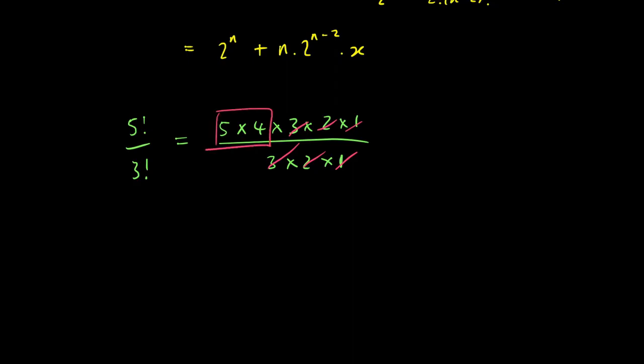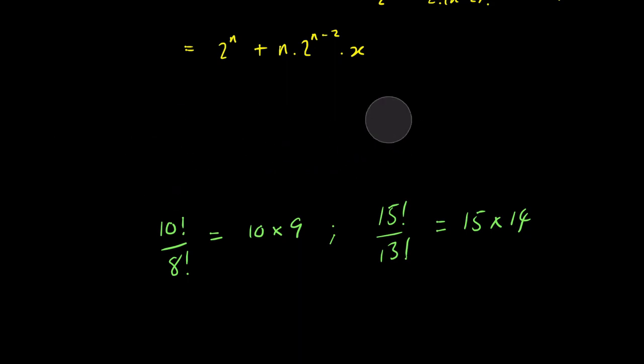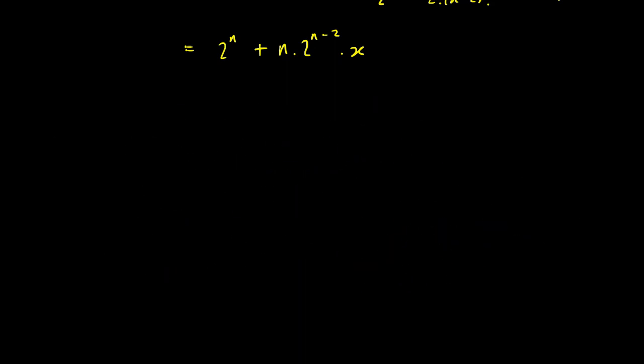Okay, and in the same way, if I had 10 factorial over 8 factorial, I would be left with 10 times 9. And if I had, for example, 15 factorial over 13 factorial, I would have 15 times 14. So what about the case when I've got n factorial over n minus 1 factorial?